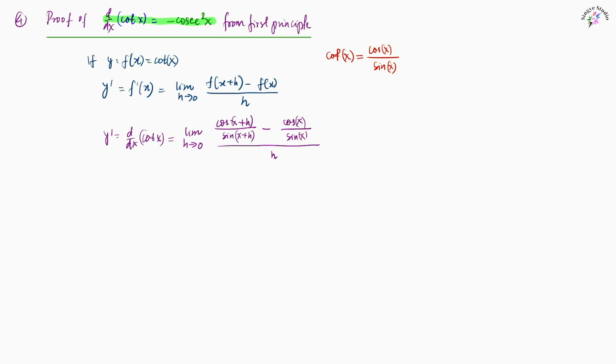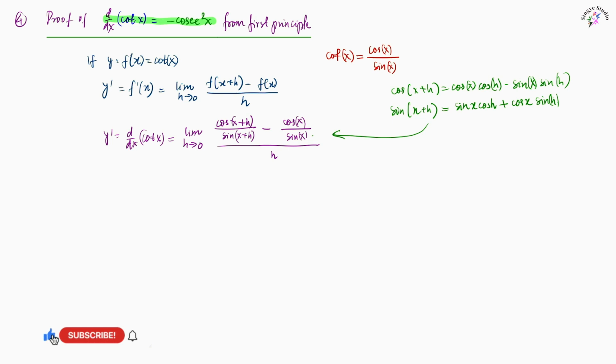And we have to recall the formulas for cosine x plus h and sine x plus h, so we will expand this expression by using these and we will find the common denominator.